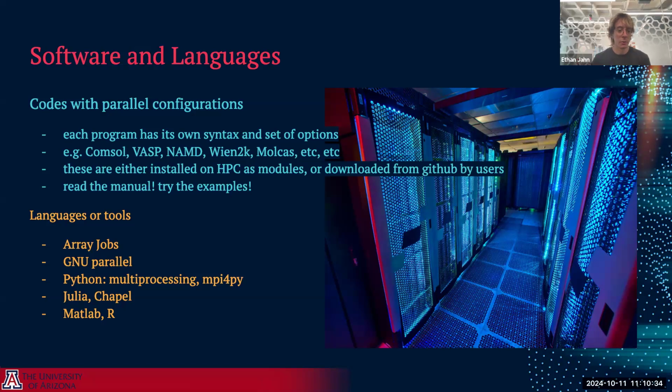There are also programming languages like Julia and Chapel that have native parallelization, and other popular languages or tools like MATLAB and R that have libraries available to them that users can implement in order to achieve parallelization. Or they might already have software packages that have been developed by other users that implement those libraries in order to enable you to run your analysis in parallel.